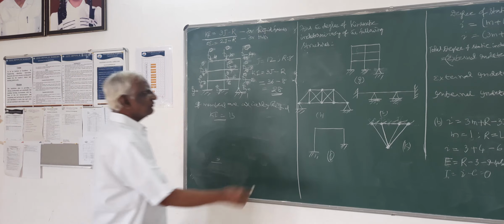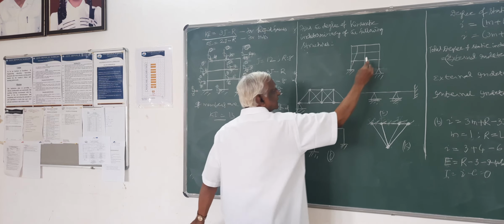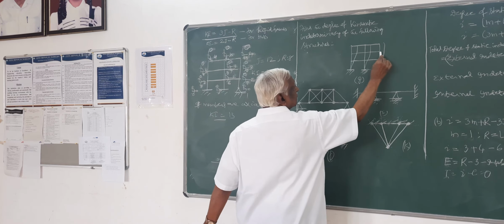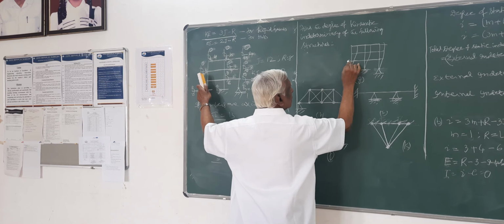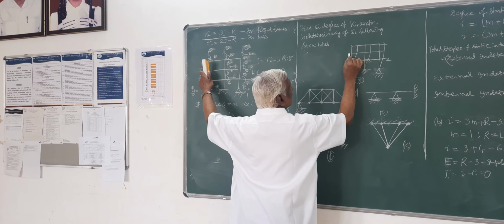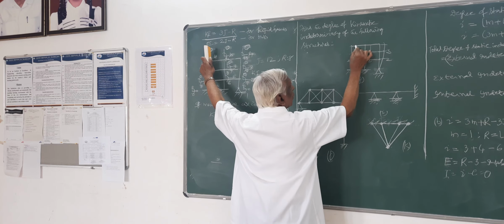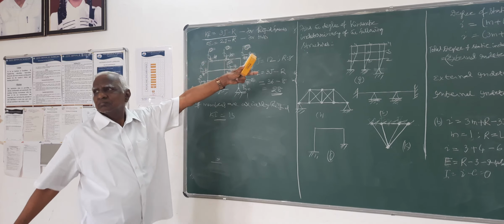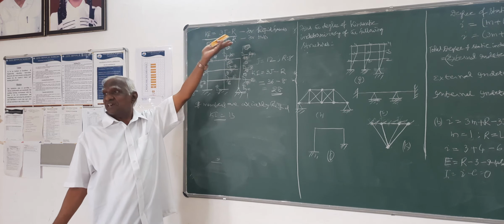So you can mark it. See, these particular columns, they move like that, horizontal motion. So all these portions, 2, 2, 2, this is 3, 3, 3, this is 4, 4, 4. Horizontal motion. Vertical motion is not at all there, forget it.